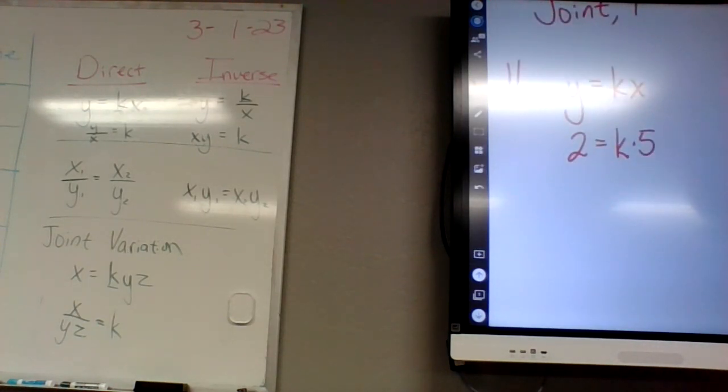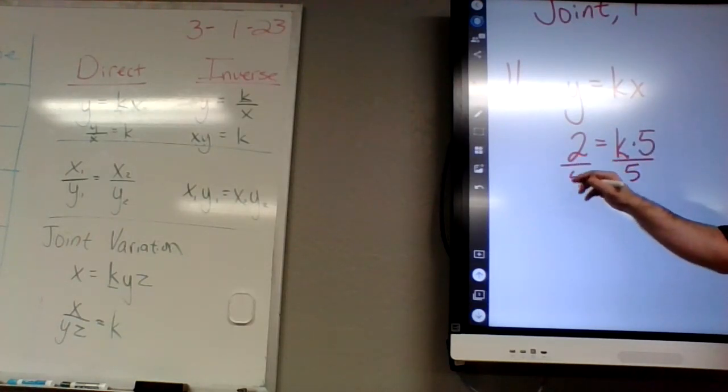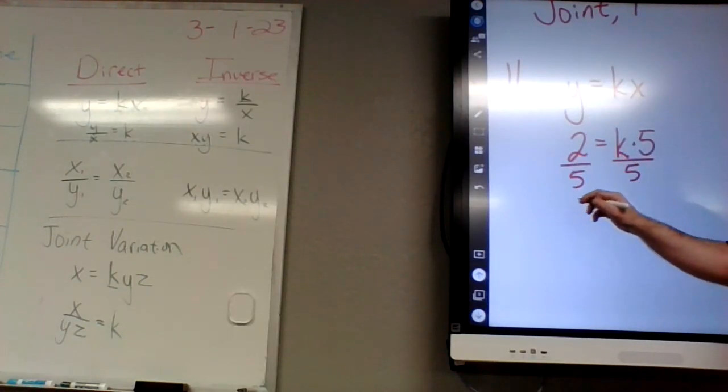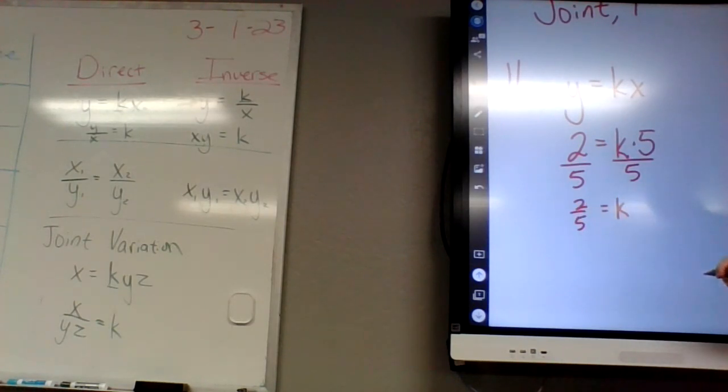How do I solve that for k? 2 divided by 5. So k would be 2/5. So what we need to write is just y equals 2/5 x. That's what they were looking for.